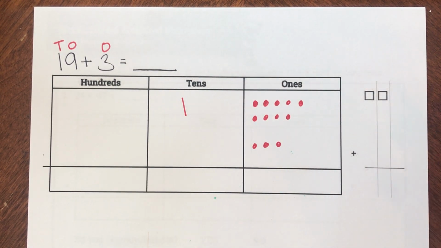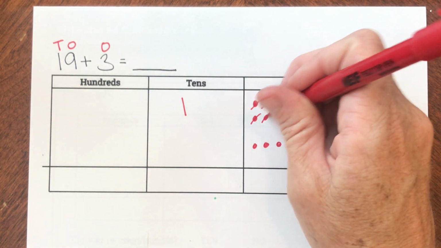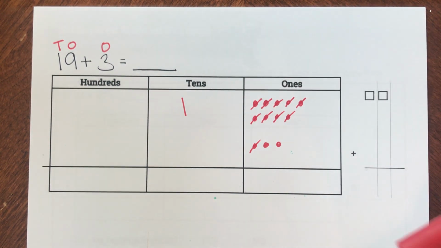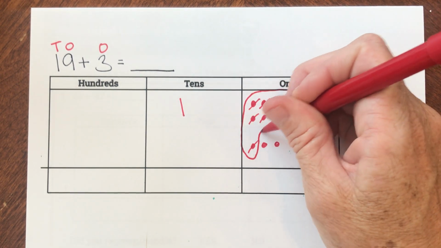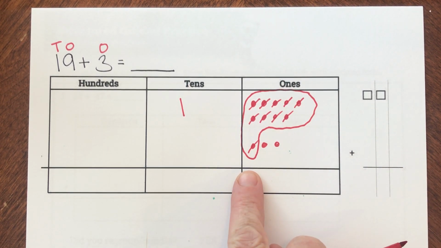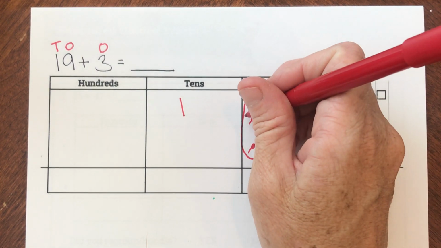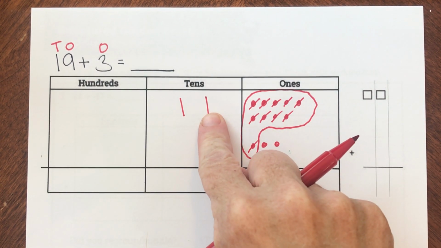My next step says add the ones. Okay, so I'm going to add them: 1, 2, 3, 4, 5, 6, 7, 8, 9, 10. I'm going to stop, because if I have 10, that means I bundle those 10 up. I don't bundle all of them, I only bundle 10. And those 10 that I bundled, I regroup into a 10 rod.